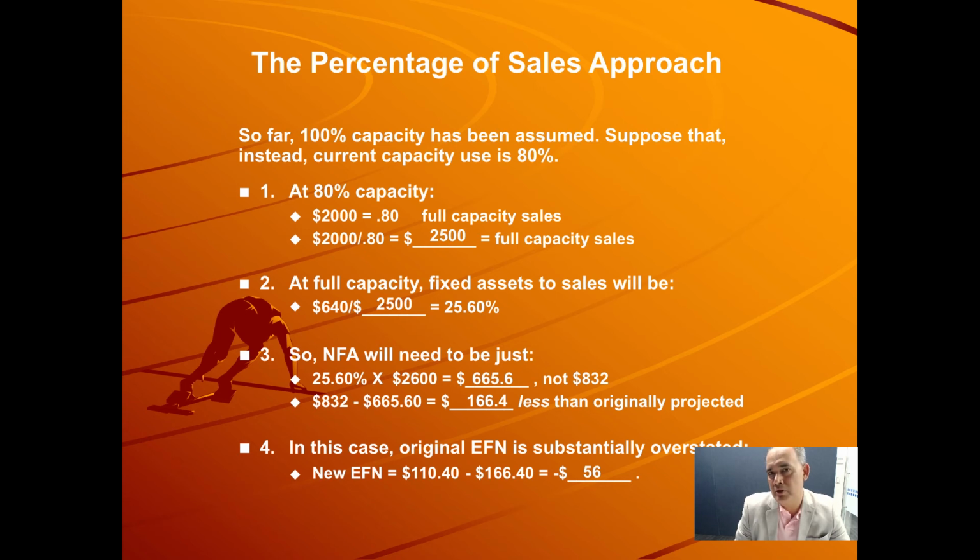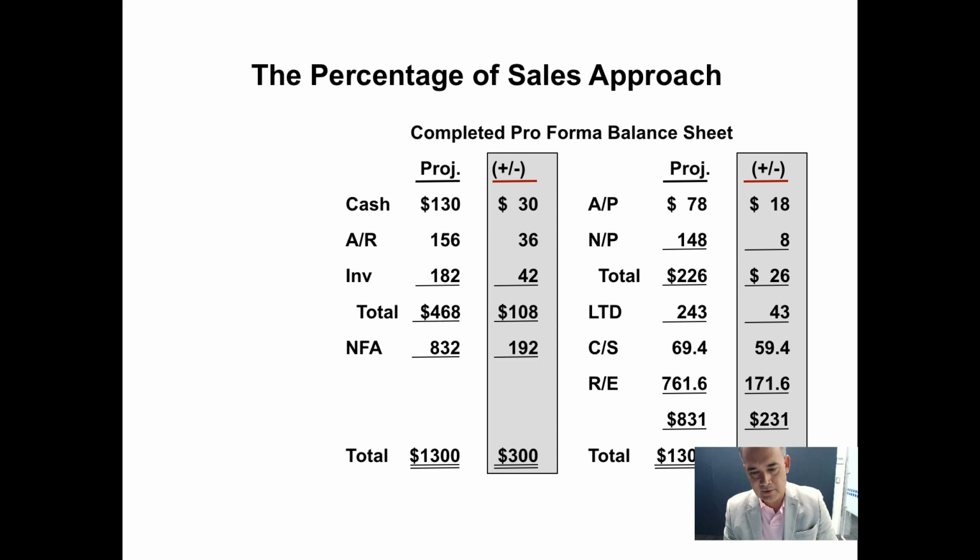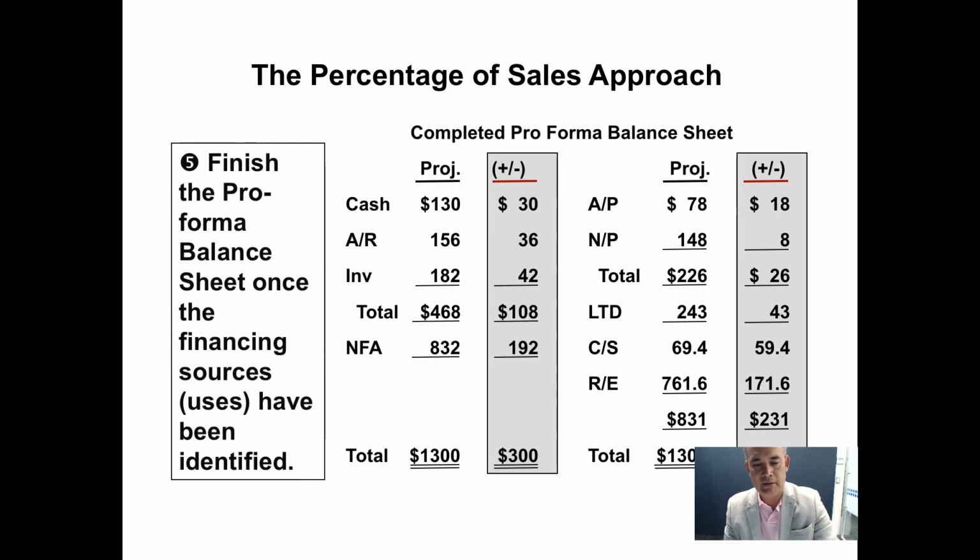Assuming that the fraction of the fixed assets is going to be proportional to that, the company will need $665.6 million as fixed assets in order to deliver a total amount of sales of $2,600,000,000, which is far below the $832 million that we had forecasted previously with 100% production capacity.